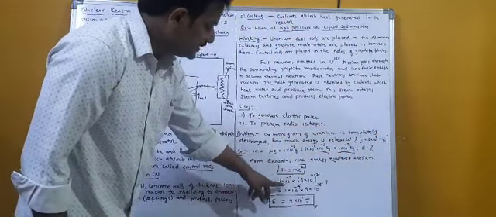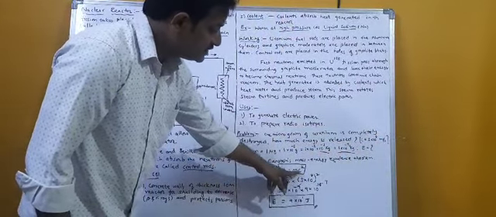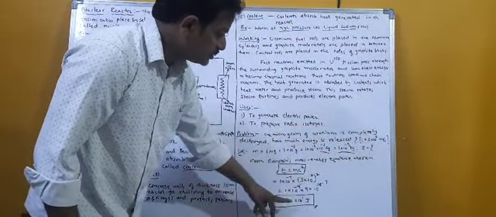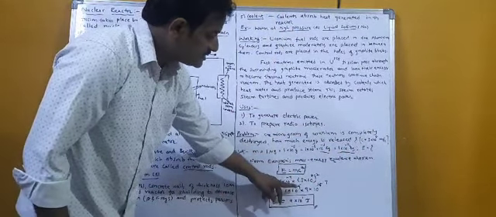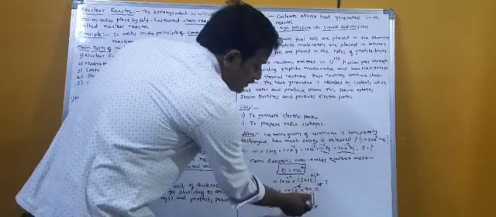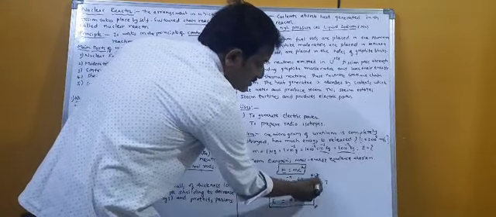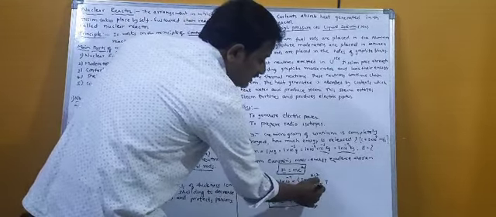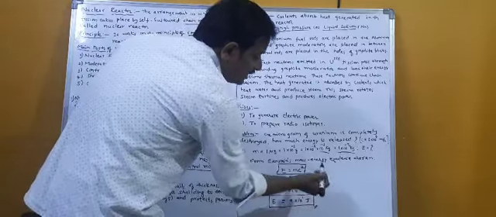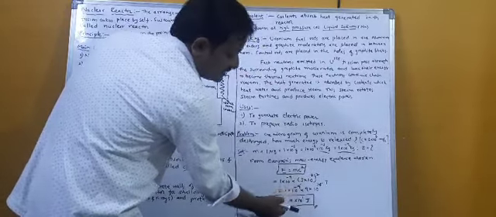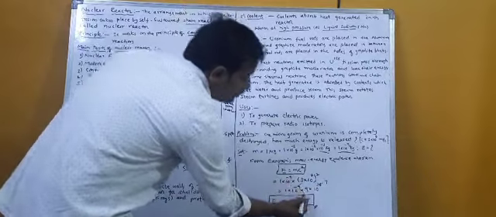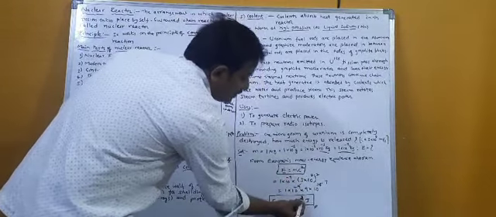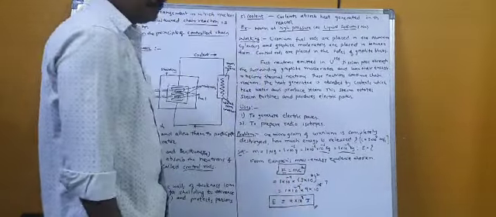Now m is 1 into 10 to the power of minus 9, into c, 3 into 10 to the power of 8, whole square. 1 into 10 to the power of minus 9 into 3 square, which is 9, and 10 to the power of 8 square is 10 to the power of 16. Now 10 to the power of minus 9 and 10 to the power of 16 combine, and we get 10 to the power of 7. Then 9 into 1 gives 9 into 10 to the power of 7 joule.